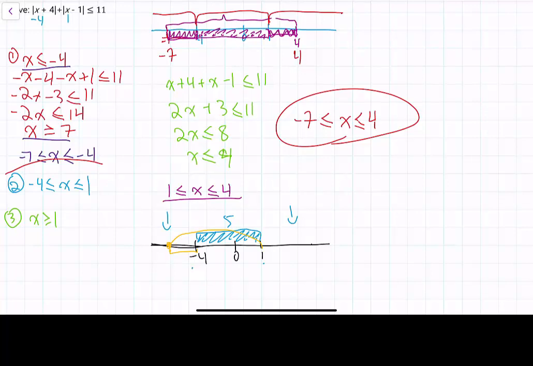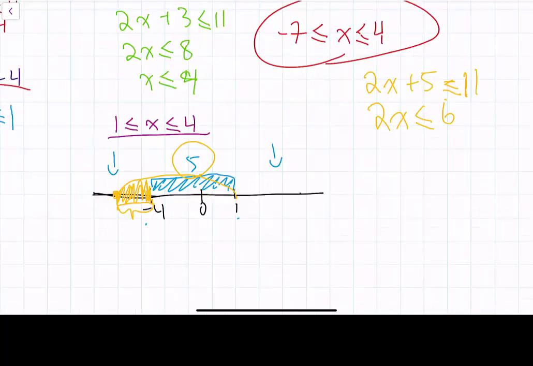So in order to find what this distance that's repeated twice could be, we can write out an equation. 2x, x is this distance over here, and as you can see, it gets repeated 2 times. Plus 5, we already know that 5 is our number, is less or equal to 11. We can further simplify to get 2x less or equal to 6, and so x is less or equal to 3.